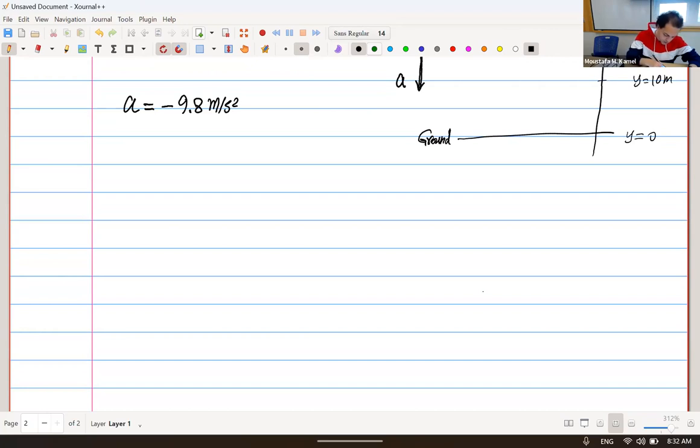Let's say I throw a ball upwards with a velocity of 10 meters per second. Actually, let's write it as speed. Speed equal to 10 meters per second. This is the initial speed.